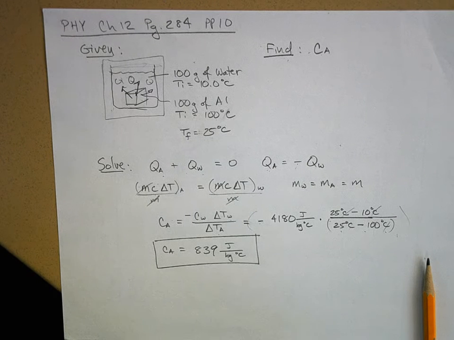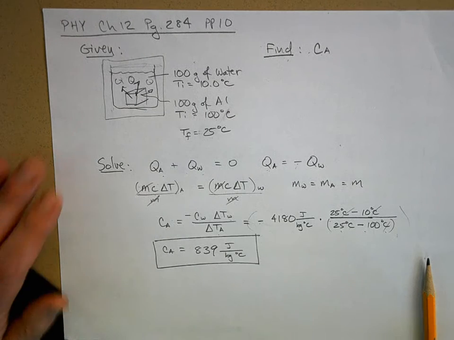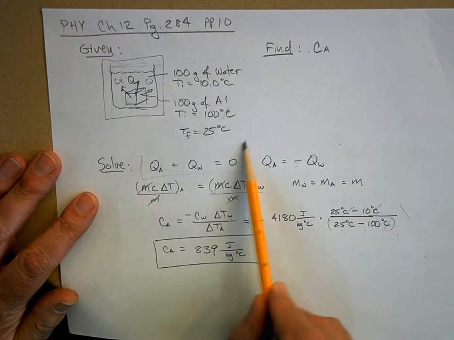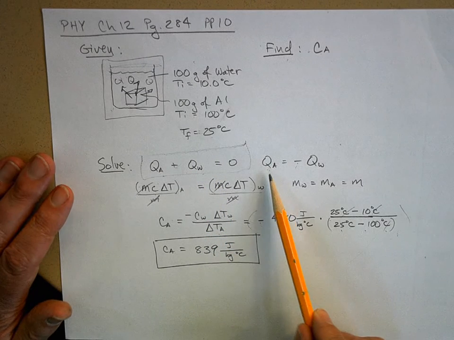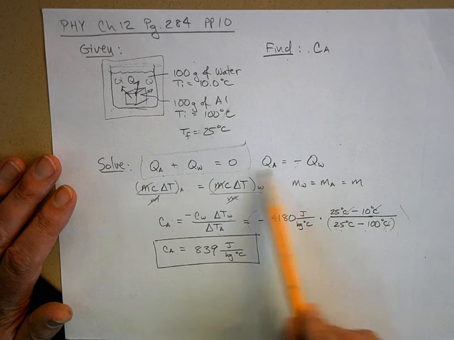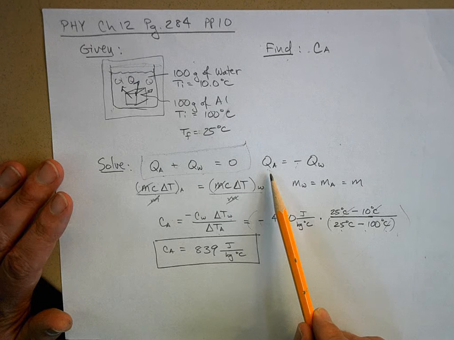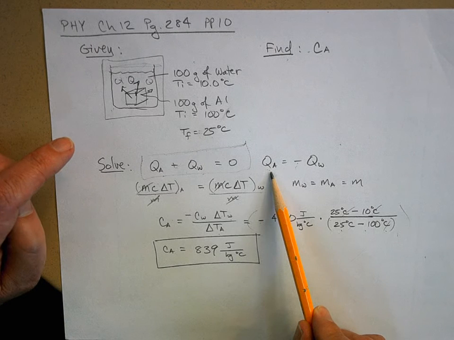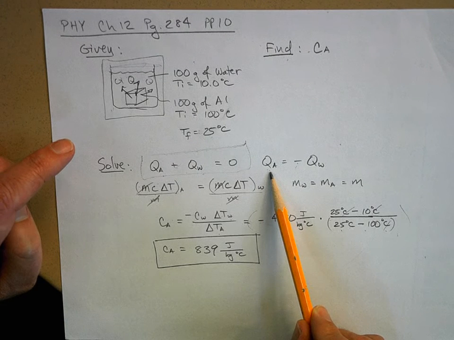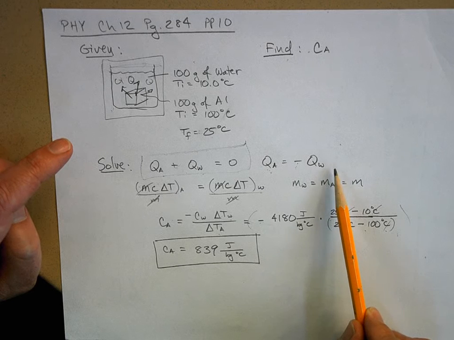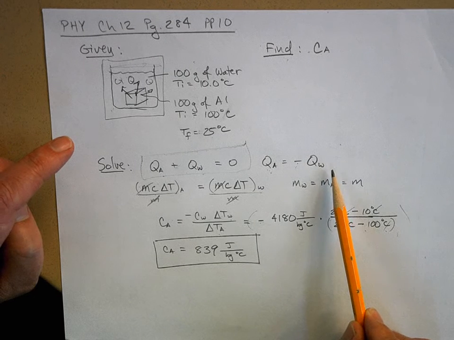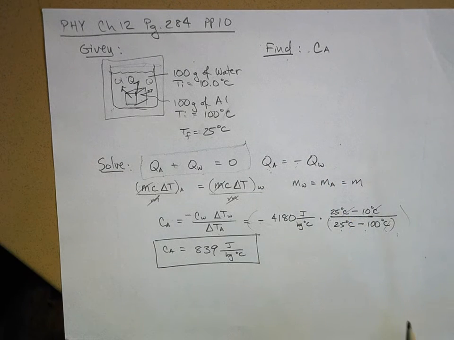We're taking energy out of the hot aluminum and putting it into the cool water to get something kind of lukewarm. So therefore this is true, and I could put the negative on either side. But the heat out of the aluminum is going to be equal to the heat into the water.